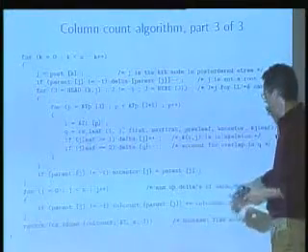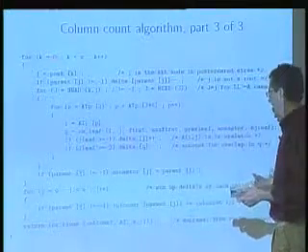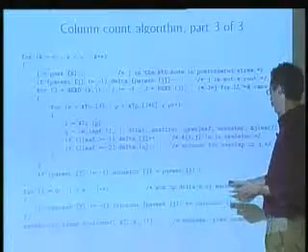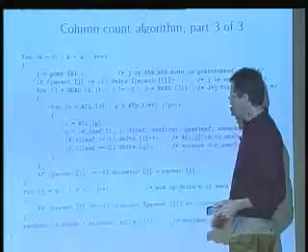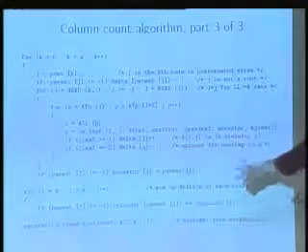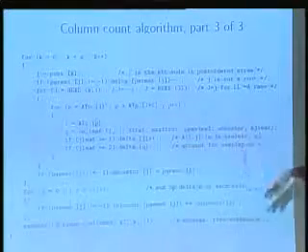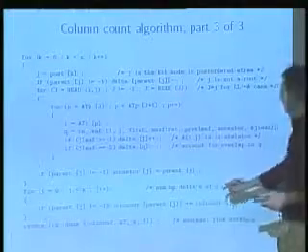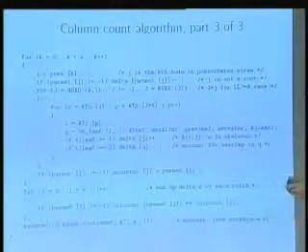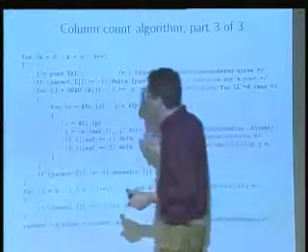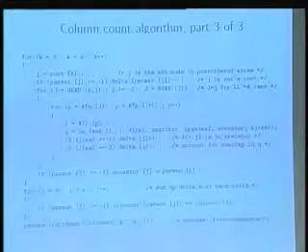That would be a loop invariant here. If I'm a child of some parent, I've already computed my column count, and so I just need to then add my column count to the column count of my parent. And column count is initialized to delta because it's the same array. So that's what this line is doing. It's summing up delta plus the sum of the column counts of all the children of every node. And so then we're done. That's the entire analysis.